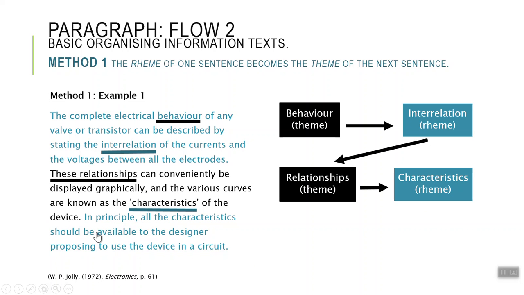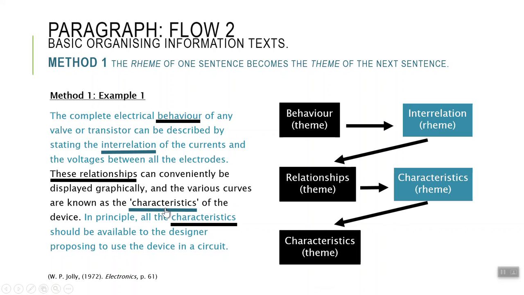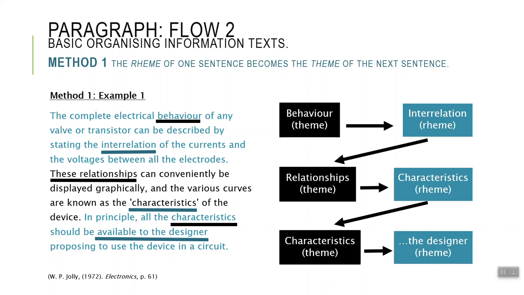In principle, you can add some kind of connectors. All the characteristics, which is this one, should be available to the designer proposing to use the device in a circuit. So that's the pattern for method 1.